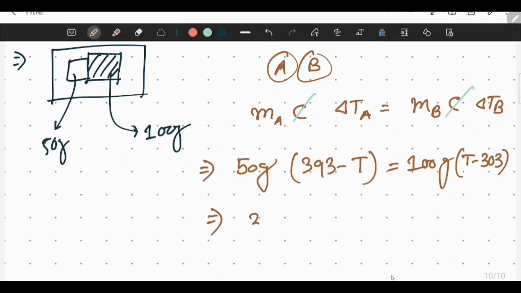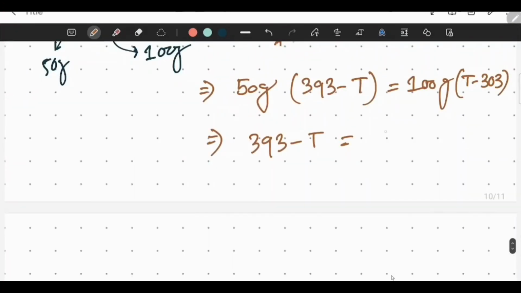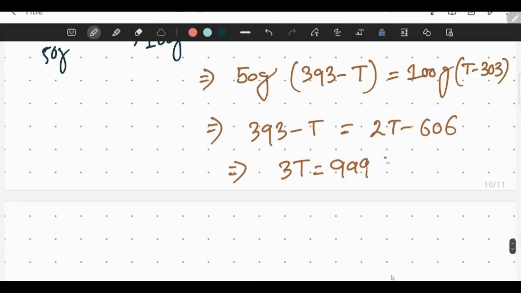So we have 393 minus T equals 2T minus 606. So 3T is 606 plus 393, which is 999, divided by 3. So the temperature will be 333 Kelvin.